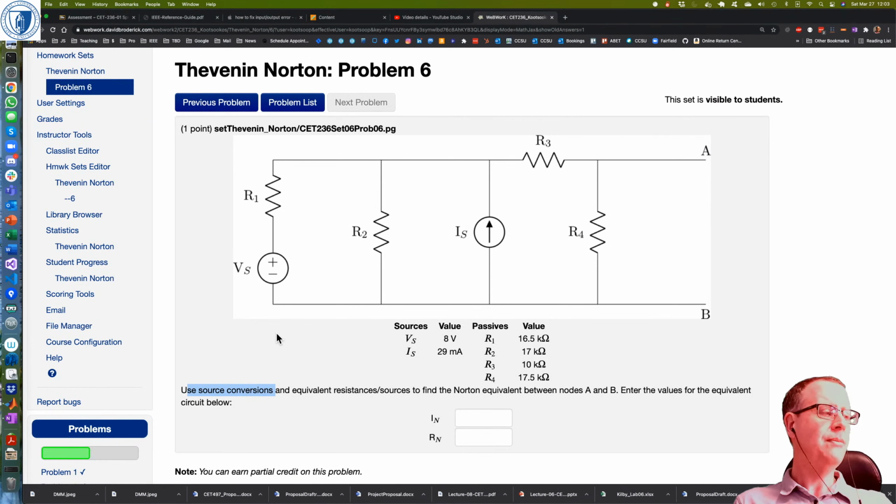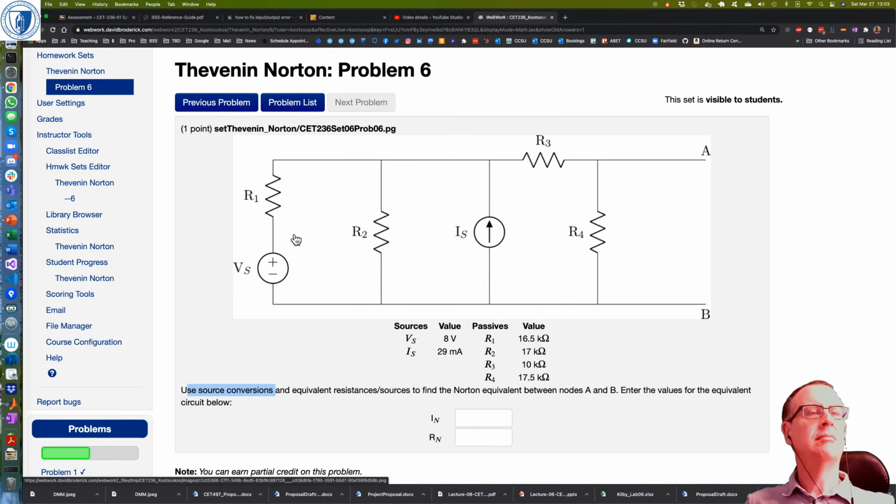Okay, so here, for example, we could replace R1 and Vs with a current source and a parallel R1. And then we'd have R1 in parallel with R2 in parallel with R3 plus R4, right?